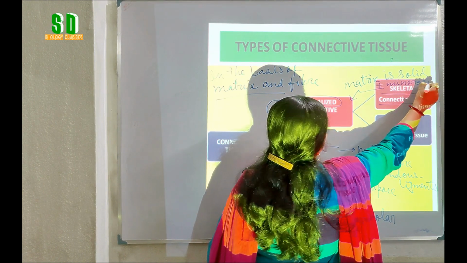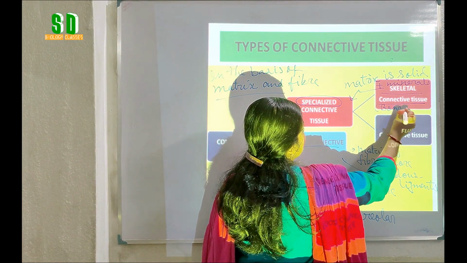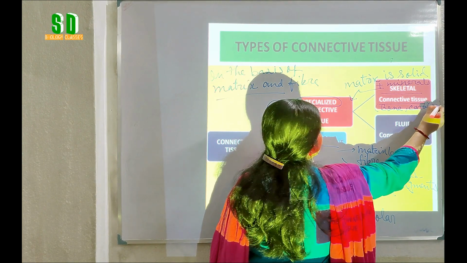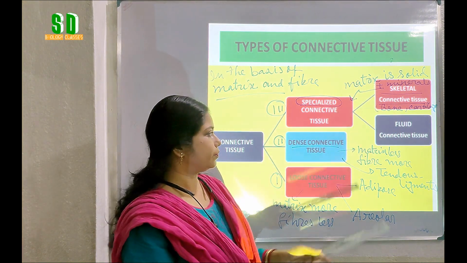We know that bones and cartilage are the examples of the skeletal connective tissue, and different minerals are present in both bones and cartilage.